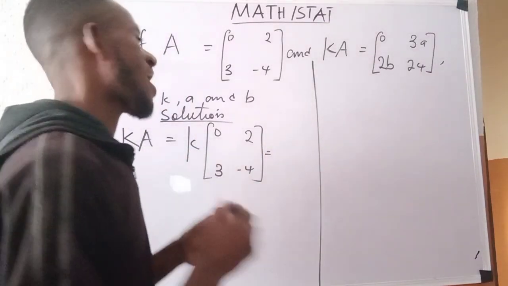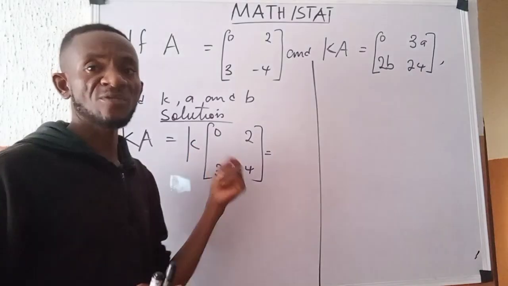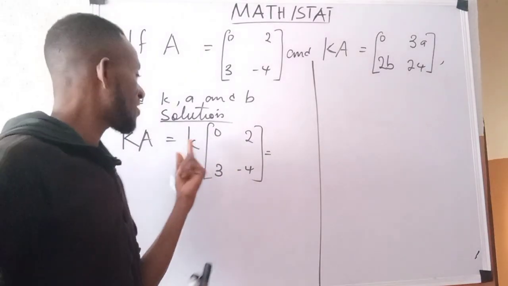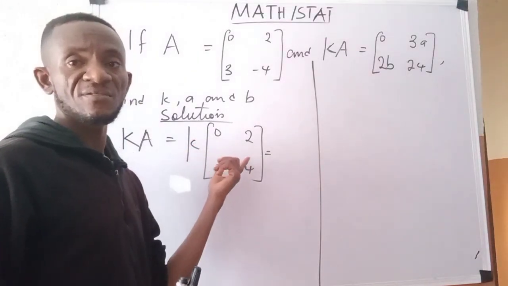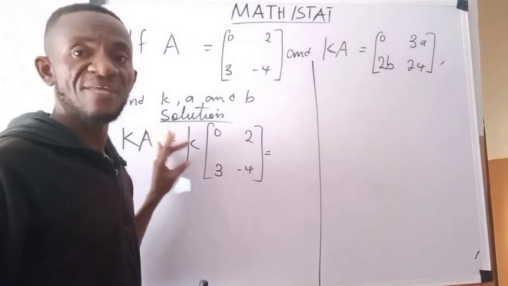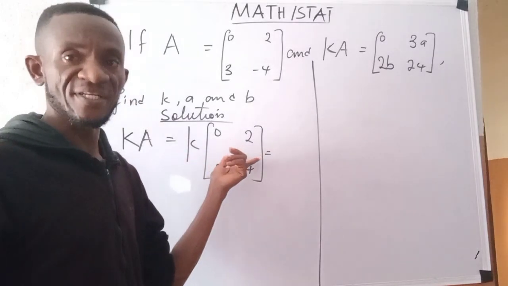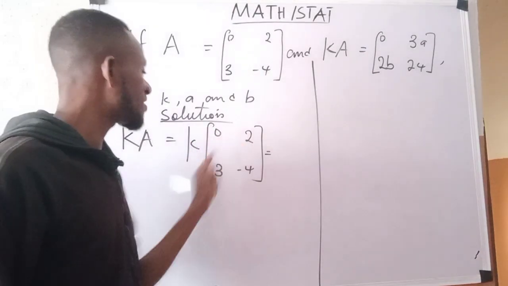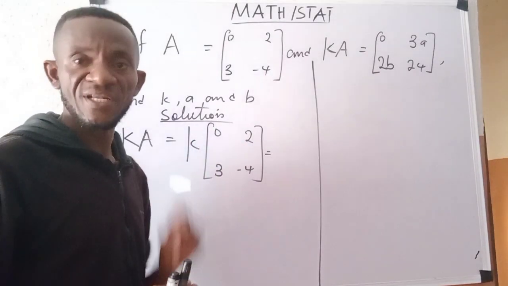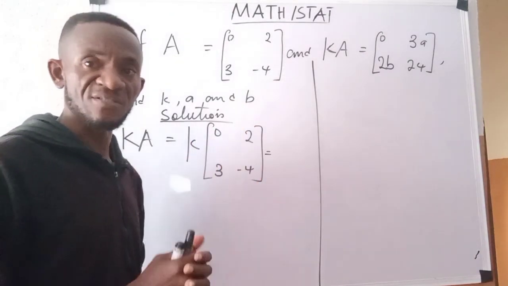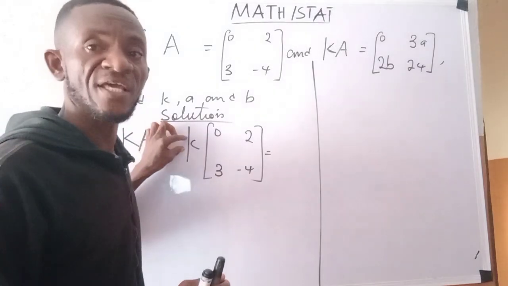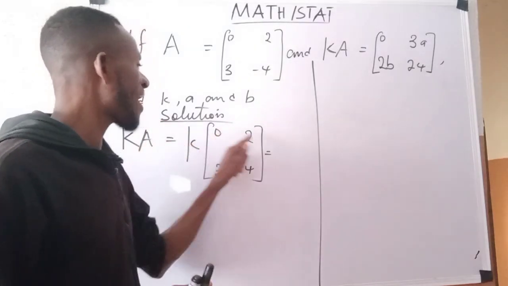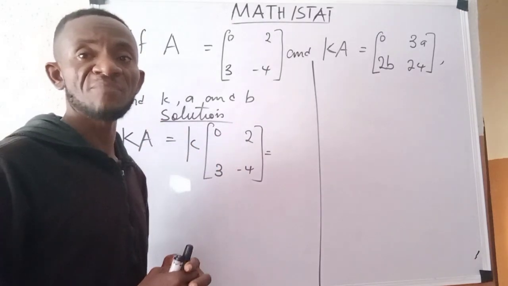Of course, when you are considering scalar multiplication, which is a constant behind the matrix, or whatever is behind a matrix that is used to multiply that matrix, it implies using that value to multiply all the entries of the matrix. That's what we call scalar multiplication. So I'm going to take this K and use it to multiply all the entries of this matrix.